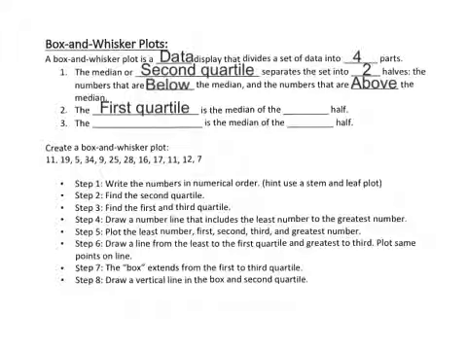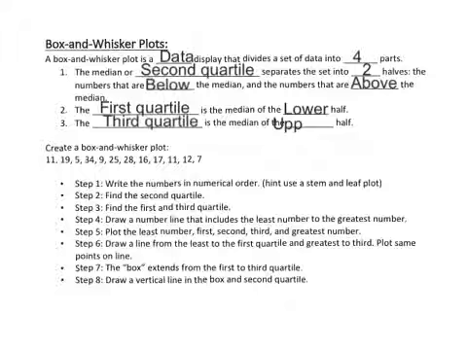The first quartile is talking about the lower half, the numbers that are below the median. And the third quartile, as you probably have figured out, talks about the numbers that are above the median, or the upper half.